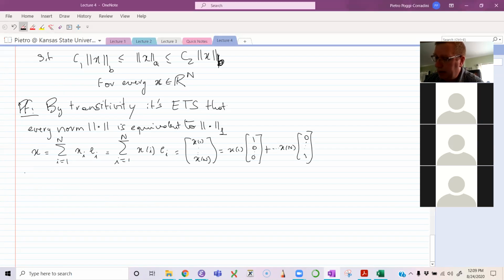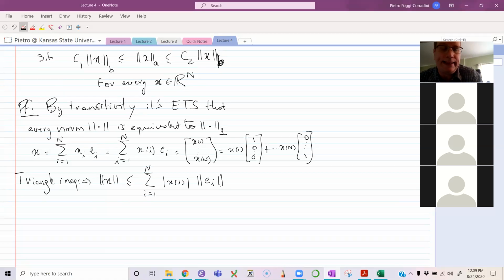So by the triangle inequality, the norm of x is less than or equal to the sum of the norms, since I can pass the norm inside the sum. And then by homogeneity, I can get the xi's out and get that estimate.